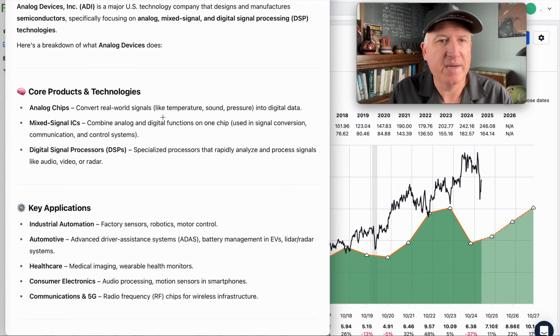So core products: analog chips for things like temperature, sound, pressure, mixed signal ICs that combine analog and digital function chips, and digital signal processors. Applications: industrial automation, like factory sensors, robotics, motor control, automotive, healthcare, consumer electronics, and communications. So pretty much anything electronic.